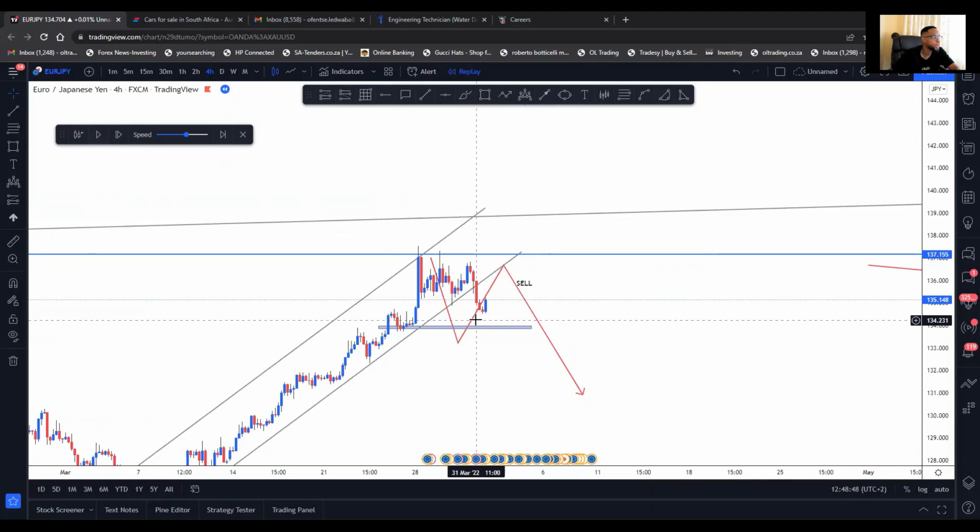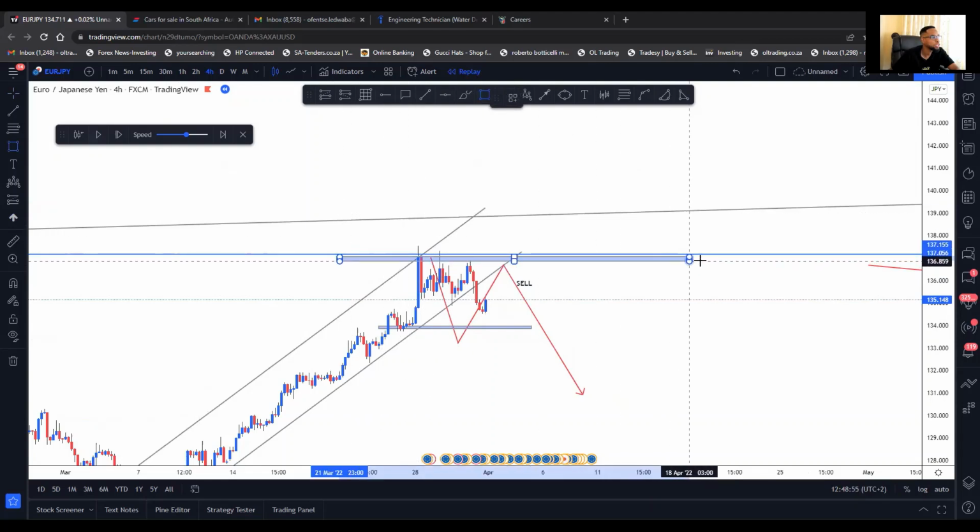There it is, we have the break. We have to wait for the retest. And now we can use this point as a confirmed area of resistance.